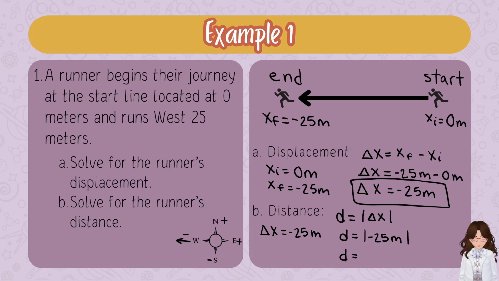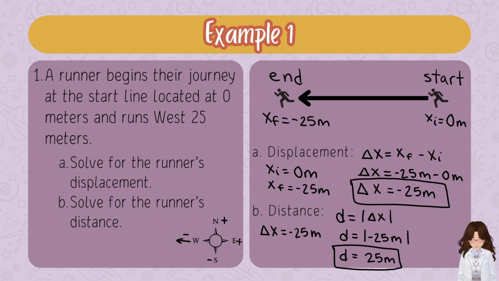So my distance is going to be positive 25 meters. And hopefully this lets you see the difference between something that is a vector value versus something that is a scalar value. We can see that there's a sign attached as well as a numerical value. And in the case of distance, there is just a numerical value.